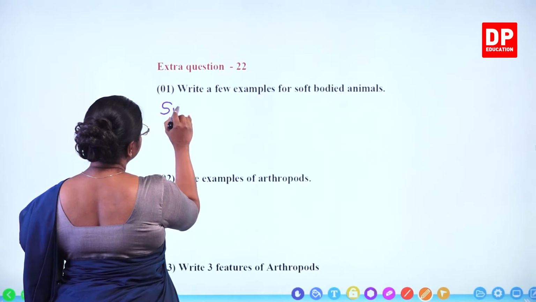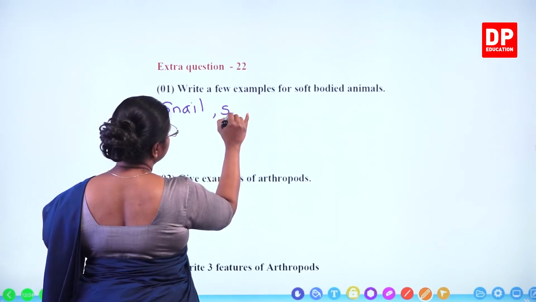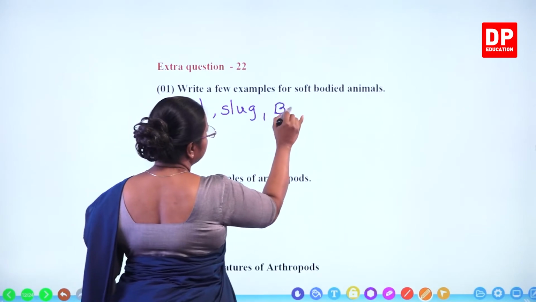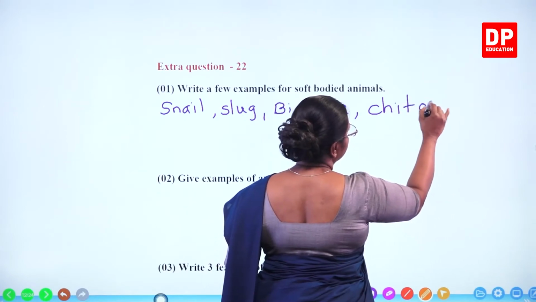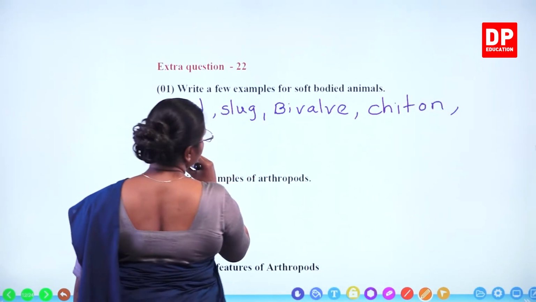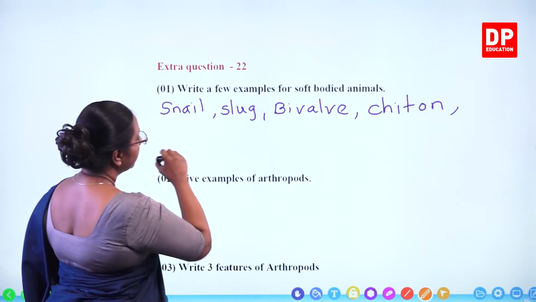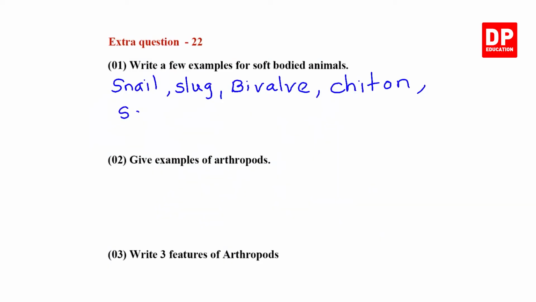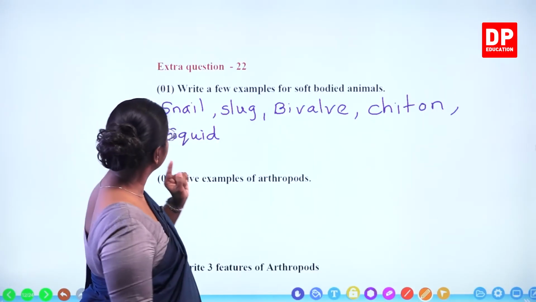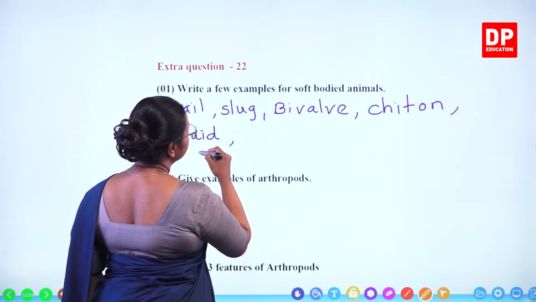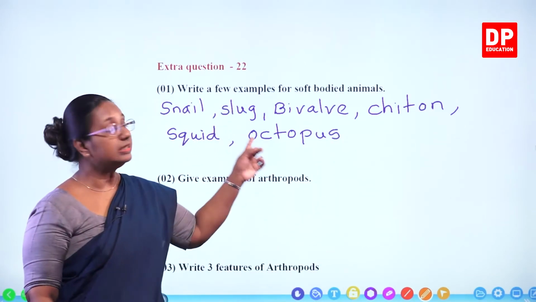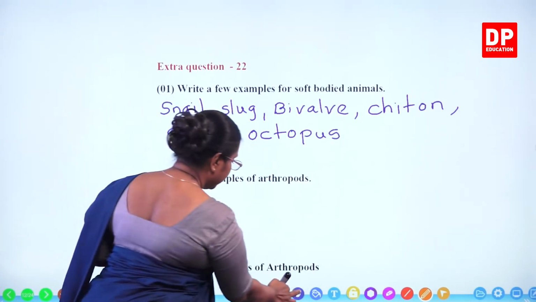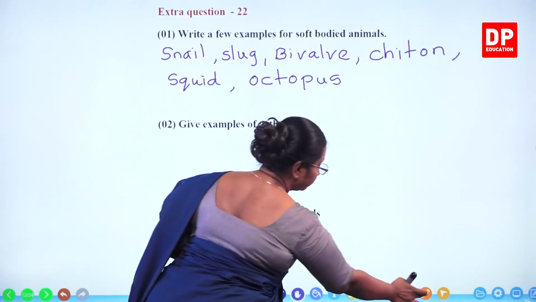So write a few examples: snail, slug, bivalve, chiton, squid, and also octopus. So these are the examples of soft-bodied animals.